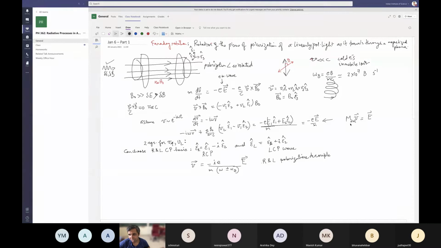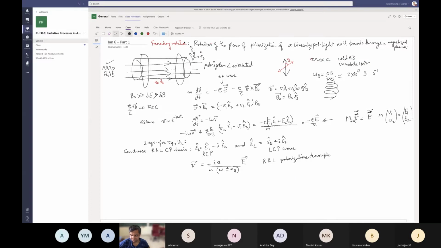We can remove these vector signs; actually, these vector signs go away. So we have equations for V1 and V2, some matrix equal to E1 and E2.